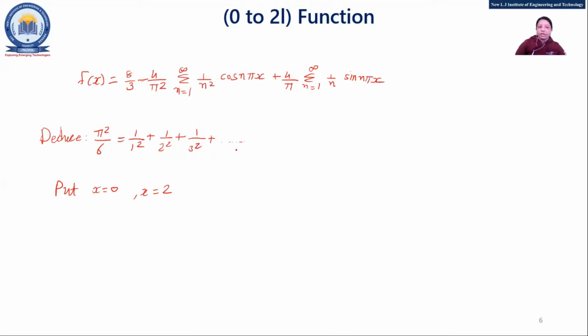In that one, you have to replace the value of x by something, and you will get some result. Sometimes it may require putting in more than one value. Like in this example, try it at home. This is our final series. Now put x equal to 0 and x equal to 2.